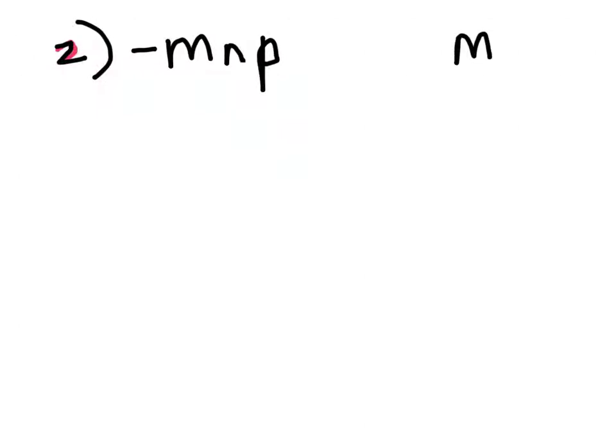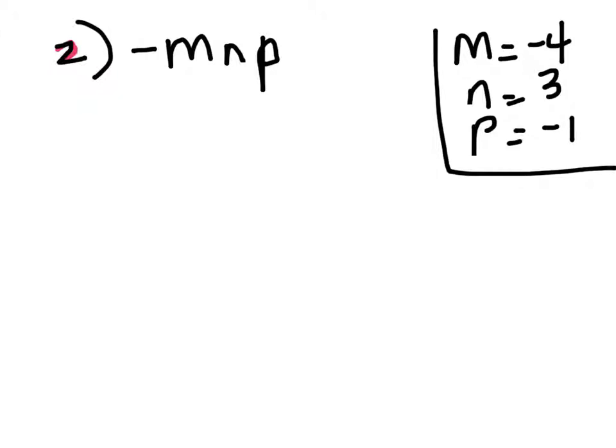Problem number 2. Evaluating. I have M, N, and P. I know that M is equal to minus 4, N is equal to 3, and P is equal to minus 1. Now, let me substitute, and I will do it with parentheses.